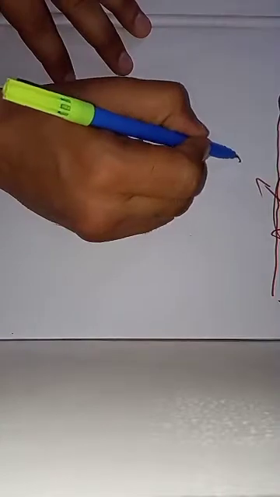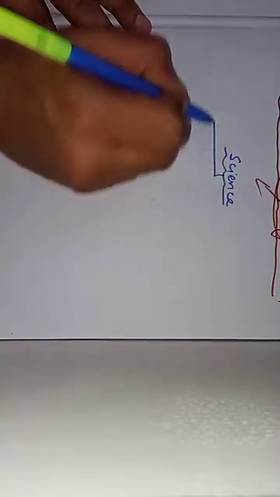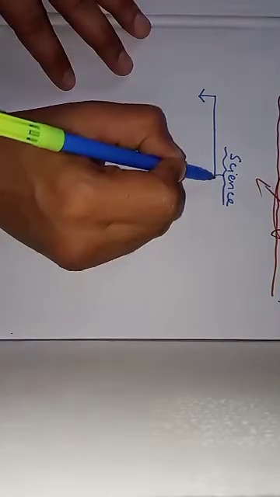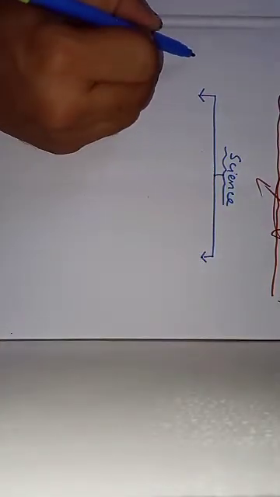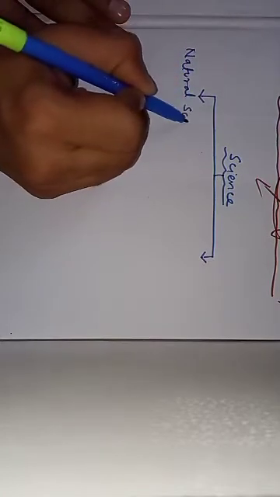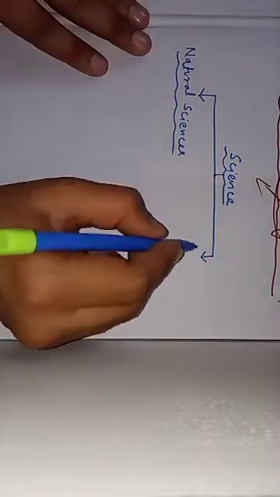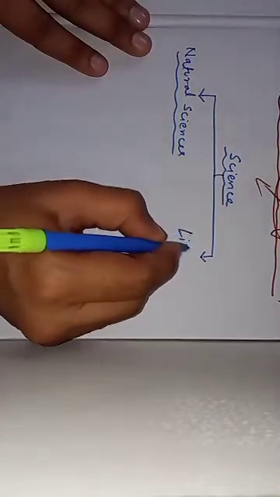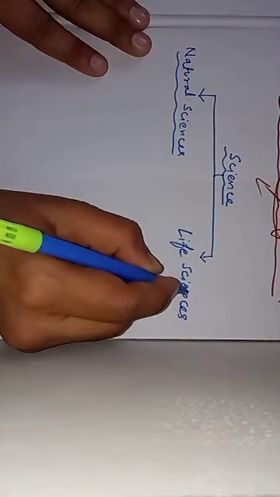Okay, science is divided into basically two parts: natural sciences and life sciences.